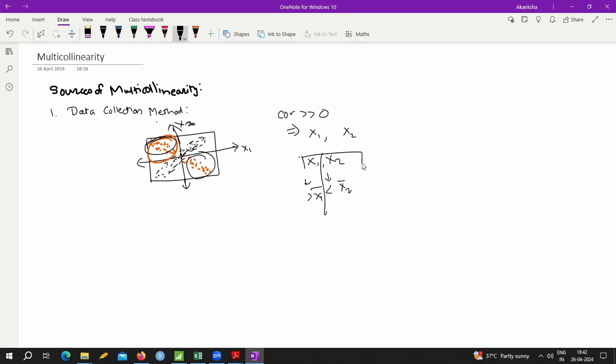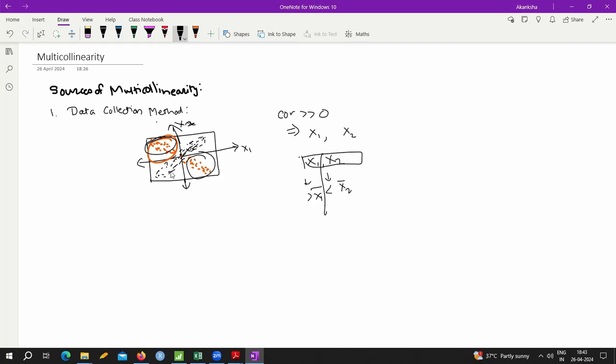Okay, for example, if we are suppose trying to predict income of a family using say education level of family members. Okay, now it is quite possible that in majority of the families that we collect data on, say husband and wife both are either highly educated or both are having less than average education.